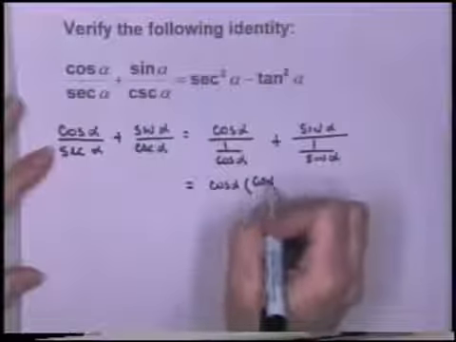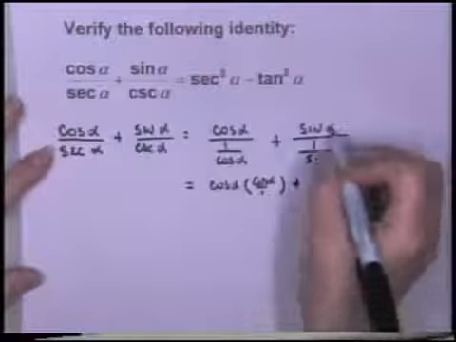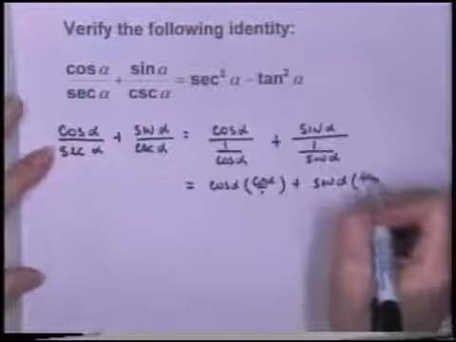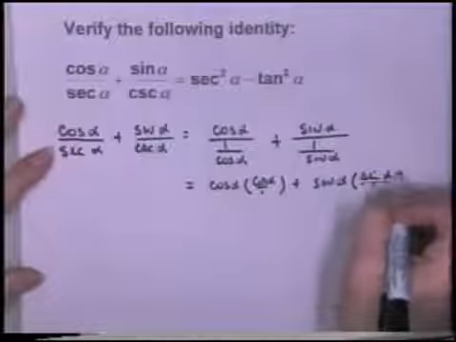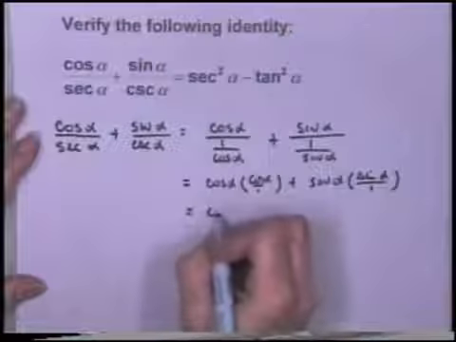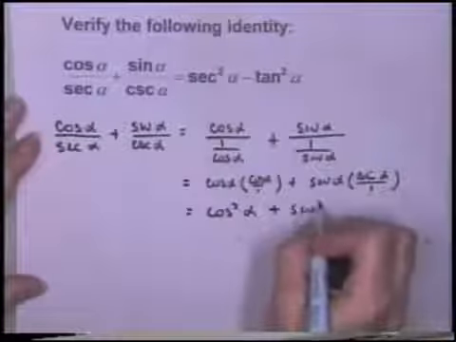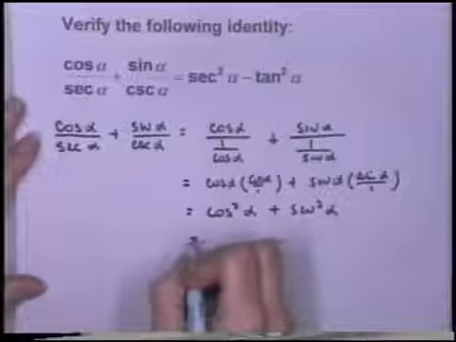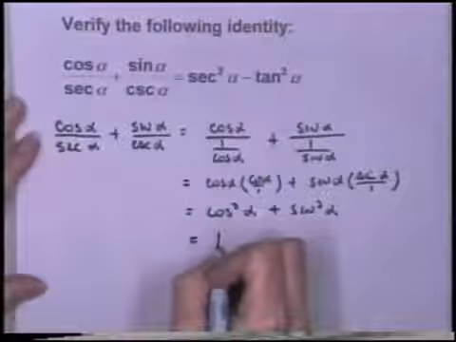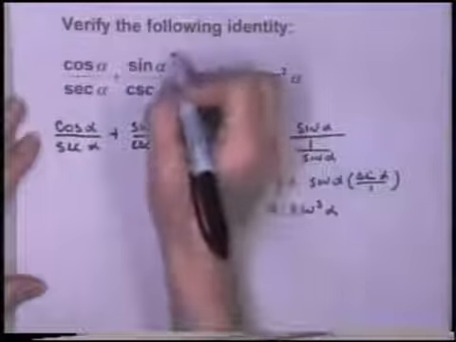Cosine alpha will be times cosine alpha over 1, and the sine alpha that I have over here will be times sine alpha over 1. Do you see how we're flipping and multiplying? So I have cosine squared alpha plus sine squared alpha, and that equals 1.